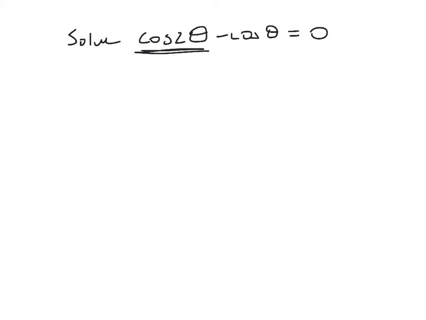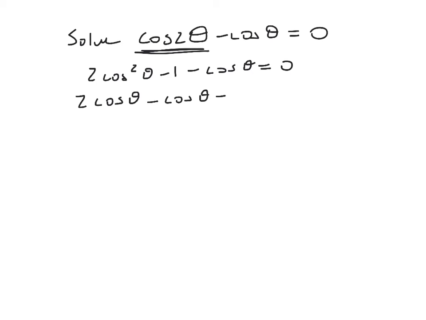Now, we know that it's equal to cosine squared minus sine squared, but if you keep looking, you can see that it's also equal to 2 cosine squared minus 1. That's an alternative version of the cosine of a double angle. The minus cosine's just hanging around. Now if I reorder this, that gives me 2 cosine squared theta minus cosine theta minus 1 equals 0.